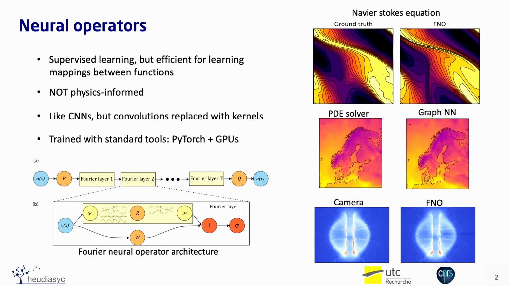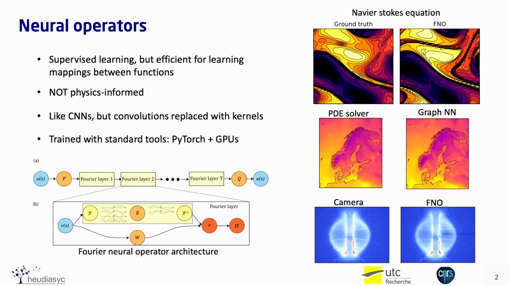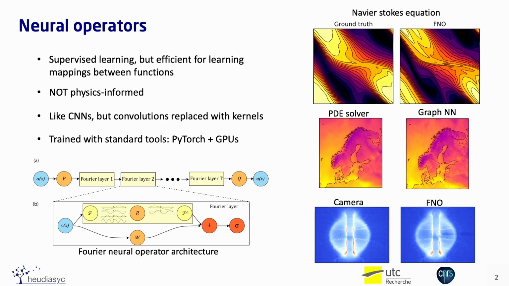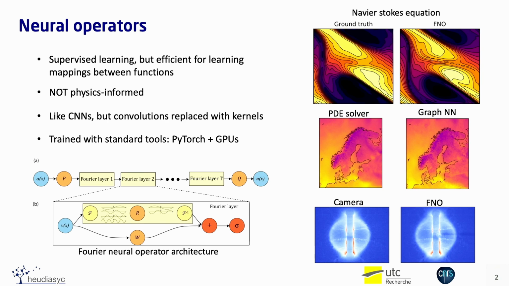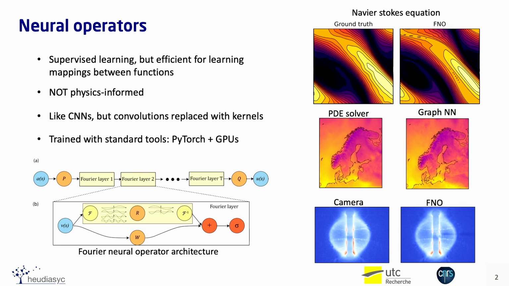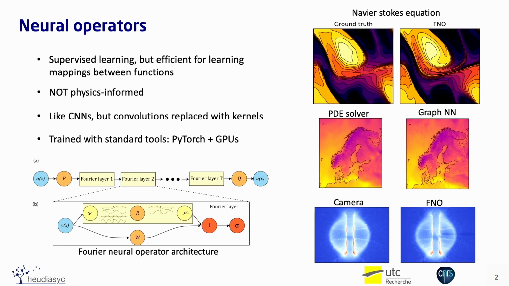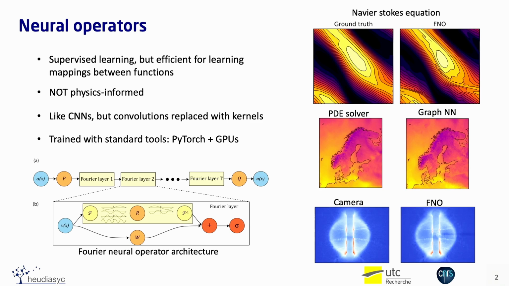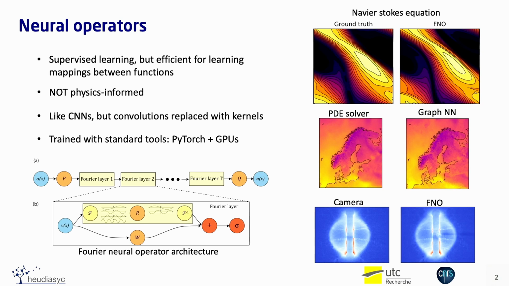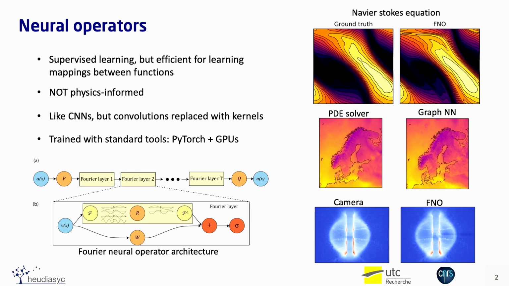I'm just going to first give you, very quickly, the kind of PDE surrogates we're interested in. These neural operator models have become quite popular for generating predictions of partial differential equations. A couple of things: they're not physics informed, so they're just standard supervised learning, but they're really efficient for learning mappings between functions.